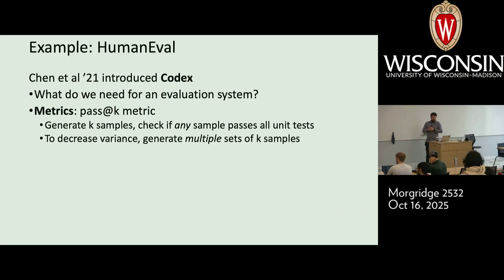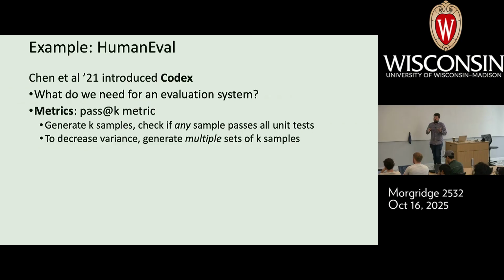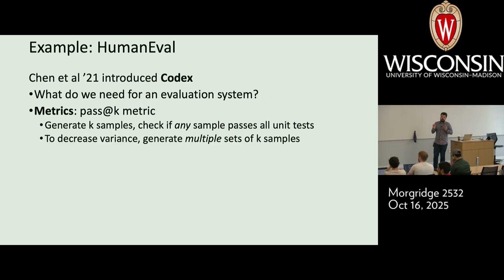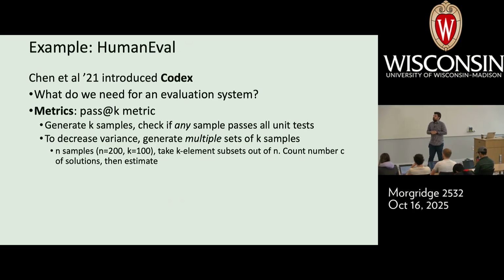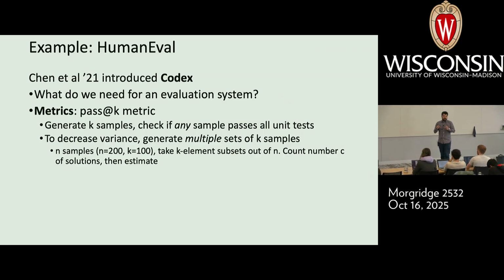And what you'll typically do for this is, rather than just doing it once on a single draw of k solutions, you'll really do it multiple times and average over subsets. Right? So for example, you could generate n samples, and then what you're going to do here is say, okay, well, in any subset of 100 of those, is there a passing solution? Any questions about this?